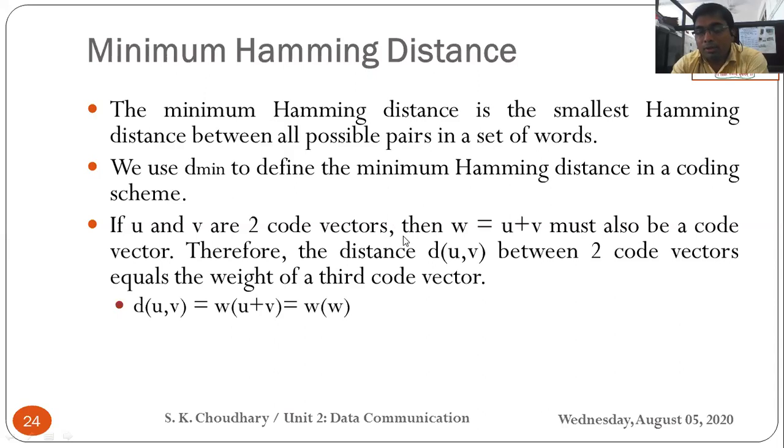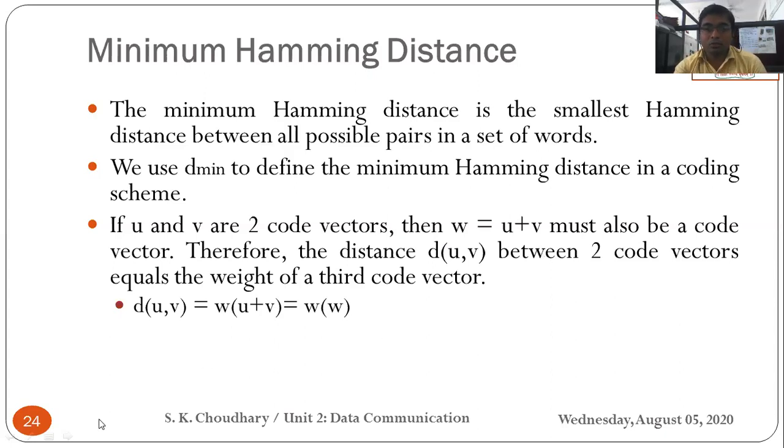Therefore, the distance between the first two code words is equal to the weight of the third code word. If you correlate these two properties, you come to the conclusion that the distance of the two code words is equivalent to the weight of the third code word, because the third code word is nothing but the summation of the first two code words.